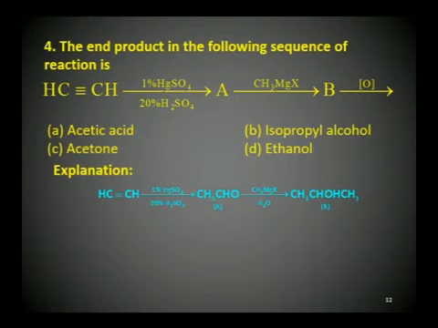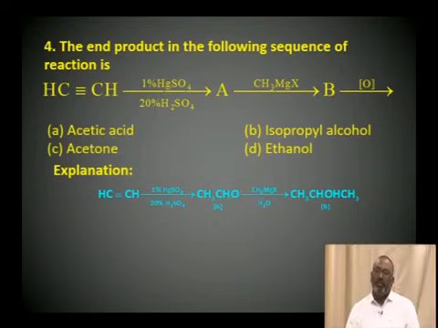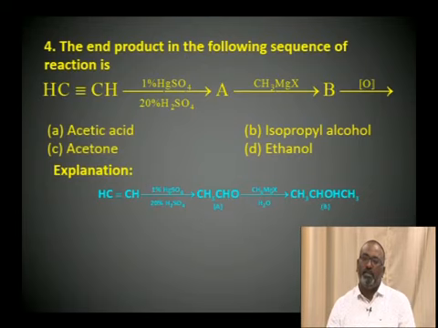When acetylene is treated with 1% of HgSO4 and 20% of H2SO4, we get acetaldehyde. When acetaldehyde is treated with methyl magnesium halide followed by hydrolysis, we produce an alcohol. You can see that the alcoholic functional group is on the second carbon atom. So, the compound formed is a secondary alcohol.